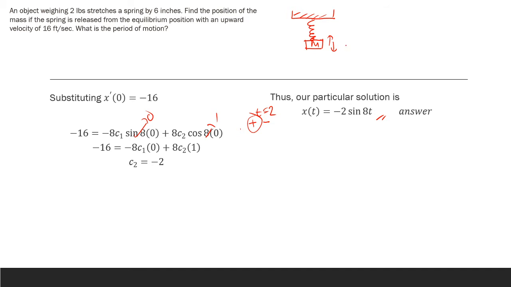So yung movement nun class, halimbawa, tataas muna yung mass natin and then bababa and then tataas ulit and then bababa, etc. etc. So this is the movement niya with respect to time. So at any given point class, if this is your equilibrium position, yung x mo dyan ay 0. And then if you are above the equilibrium, ang x mo ay negative. If you are below, ang x mo ay positive.